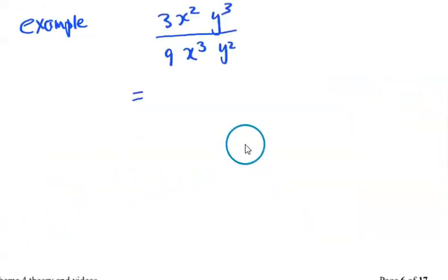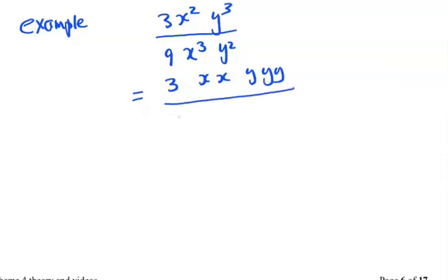Let us now look at this example. If I just go by my regular ways of solving this, then on top I have a 3, I have 2 x's, I have 3 y's. At the bottom I have 3 times 3, I have 3 x's and 2 y's.